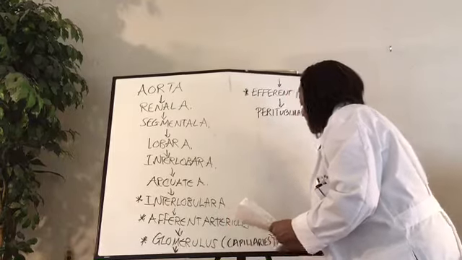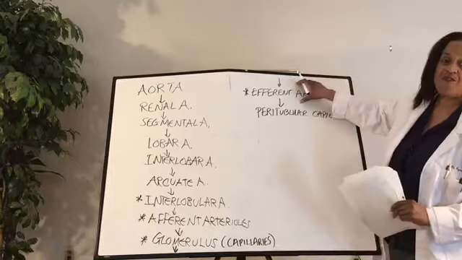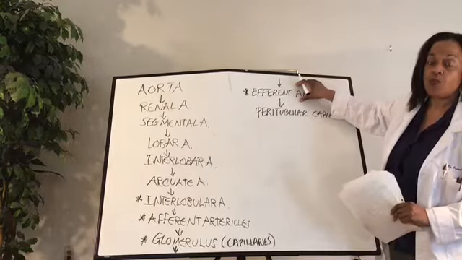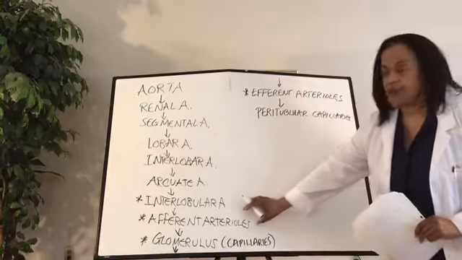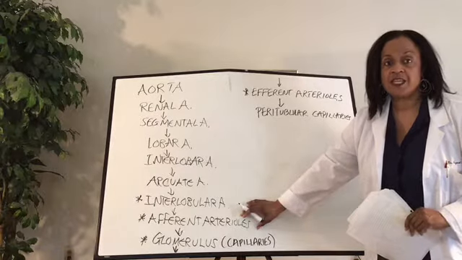So sandwiched between these two beds of capillaries is the efferent arteriole. The efferent arteriole is the way blood will start to leave the kidney, to exit the kidney. The afferent arteriole is the method in which blood will come into the kidney.